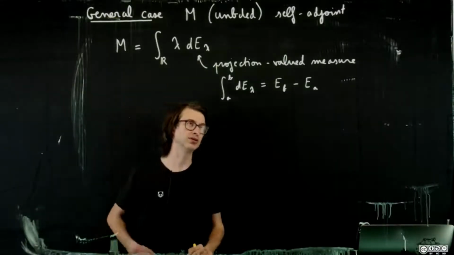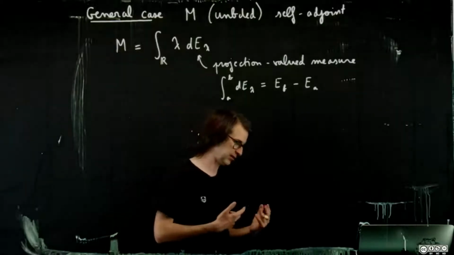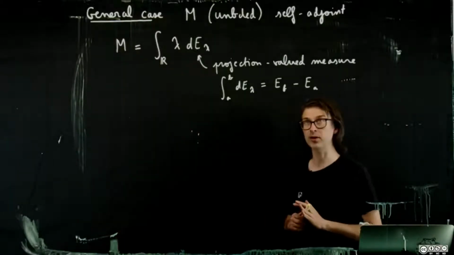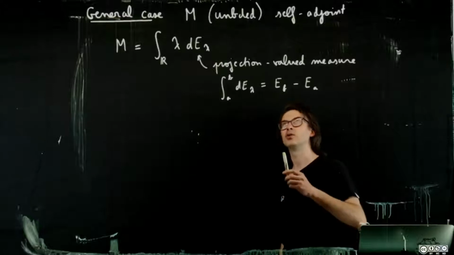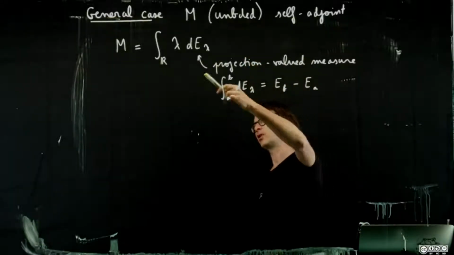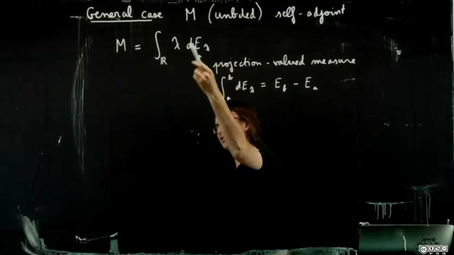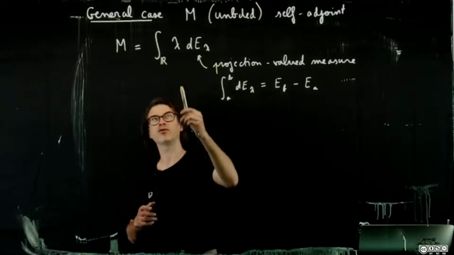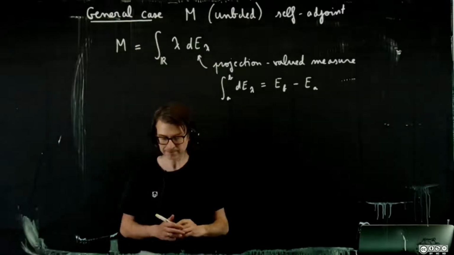Okay, so of course here there is much that I'm leaving under the carpet. You know, what is an unbounded operator, what is a self-adjoint operator, and how to make proper sense of this rather formal equality.